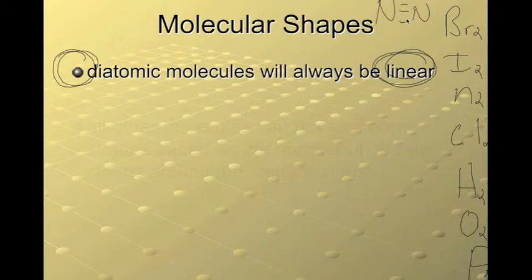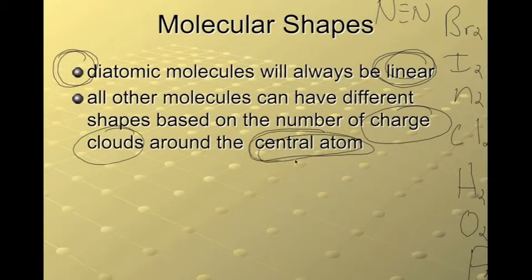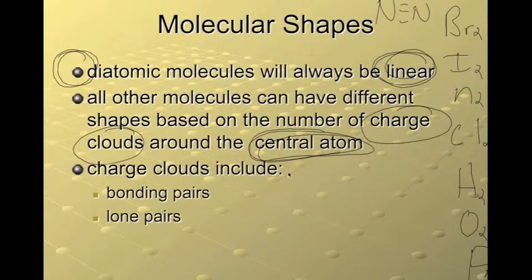It's just straight. Now, all other molecules can have different shapes based on the number of charged clouds around the central atom. Main thing here, make sure we circle charged clouds and make sure we're paying attention to just the central atom. We're not looking at anything else. Charged clouds include bonding pairs and lone pairs.